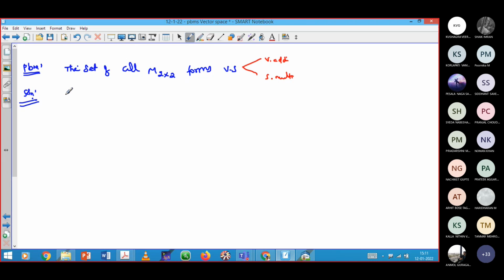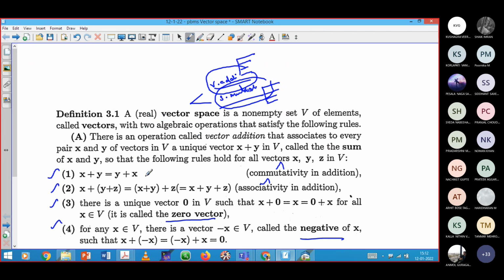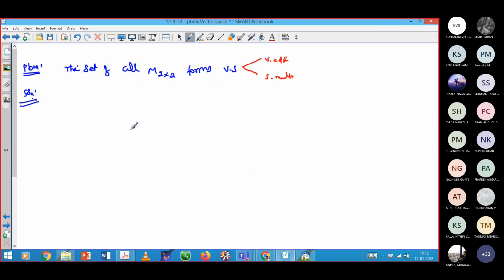Accordingly, in vector addition you have to satisfy the first four conditions. The first one is commutative. To verify the commutative property, we need two elements from the non-empty set. Here two elements means two matrices picked from M2 by 2.